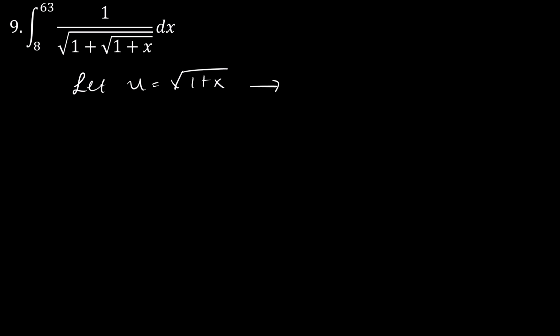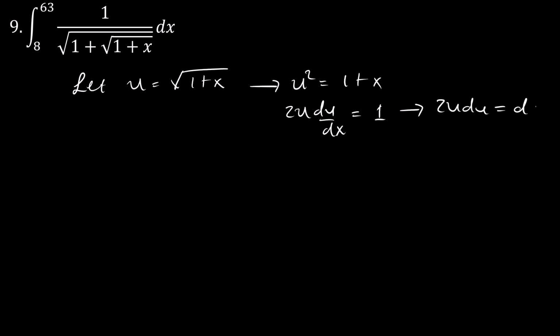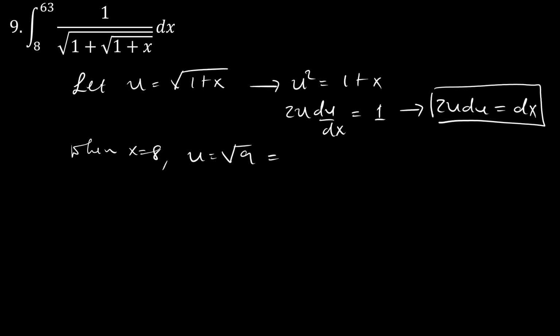And that means that u squared is equal to 1 plus x, meaning that 2u du/dx equals 1, implying that 2u du can be used to substitute for dx. And then when x equals 8 on the lower limit, u is equal to the square root of 9, which is 3. When x equals 63, u is equal to the square root of 64, which is 8.